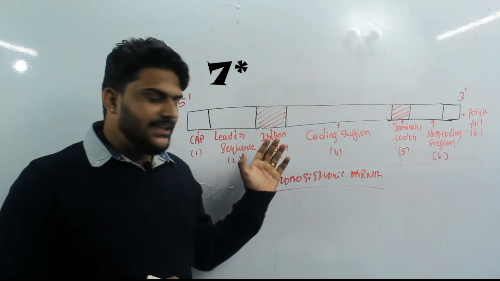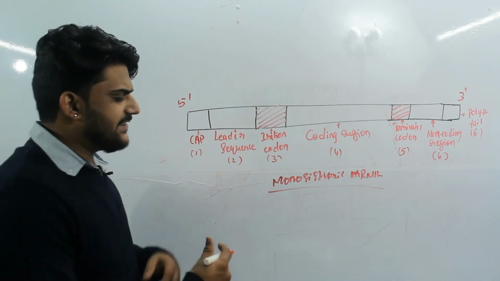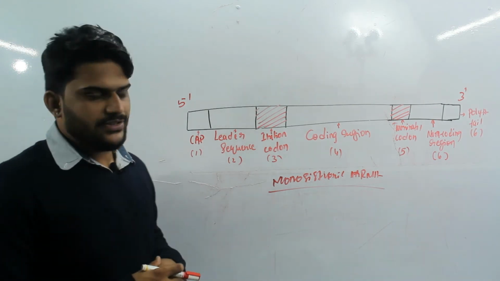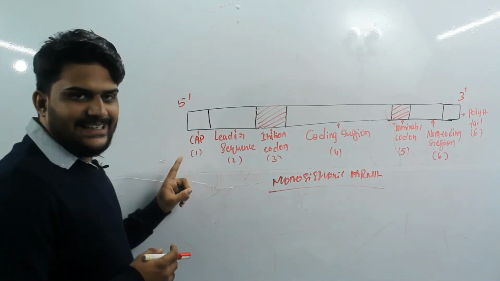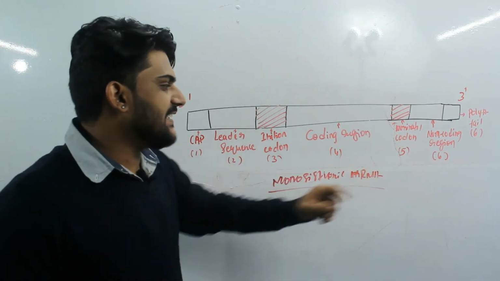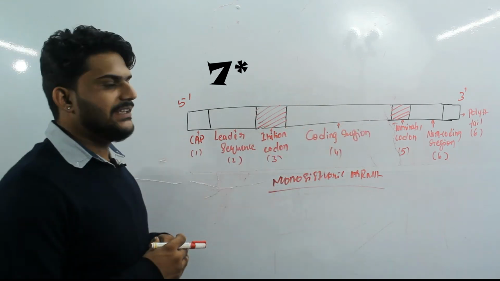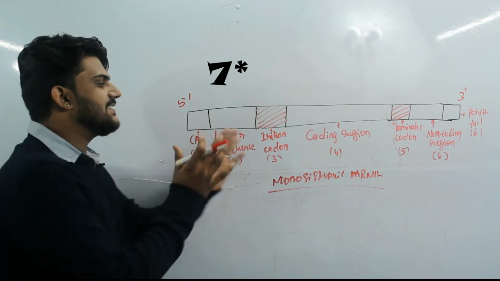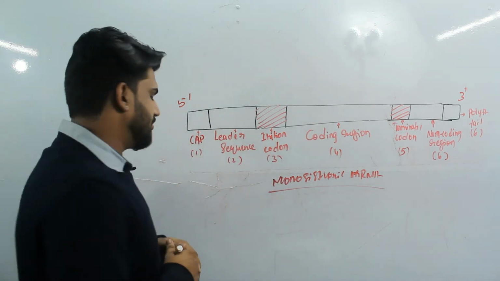Let's study the monocistronic mRNA first, then I'll tell you how the polycistronic mRNA looks. It is composed of 6 different positions from cap to the poly A tail. So let's learn what the function is and what those 6 different positions are.